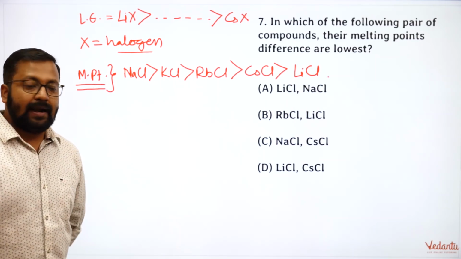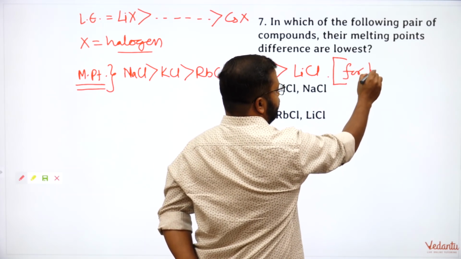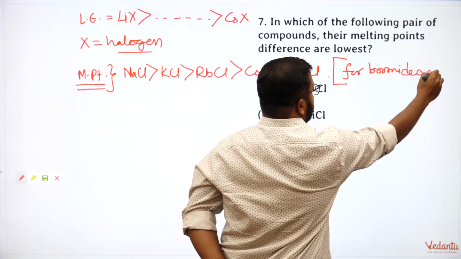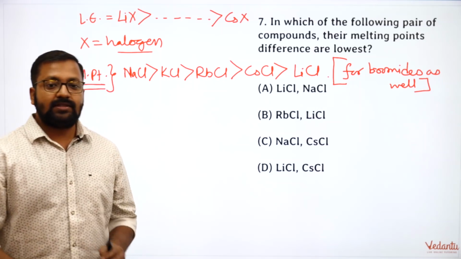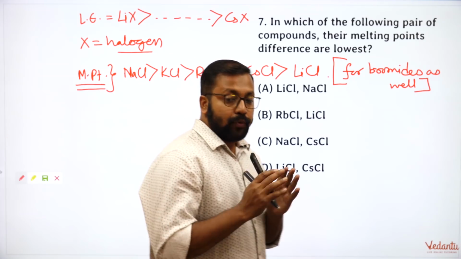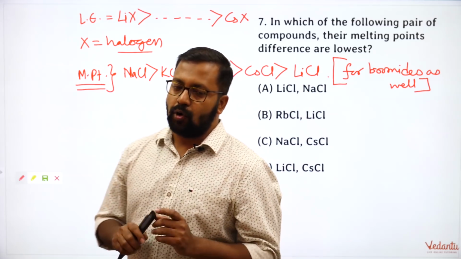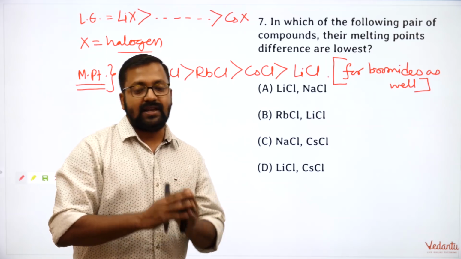This is the trend for melting point for bromides as well. Remember this: this is the melting point trend for bromides as well, and this is the melting point trend for chlorides as well as bromides.